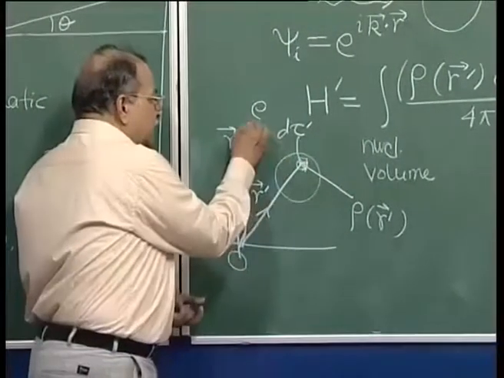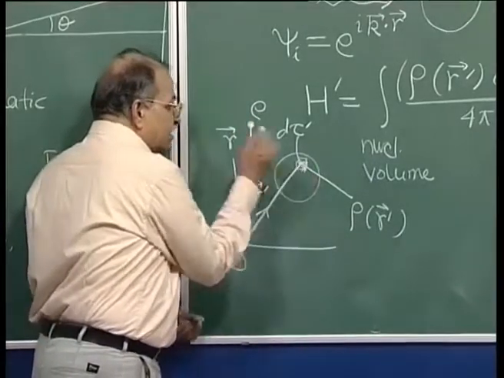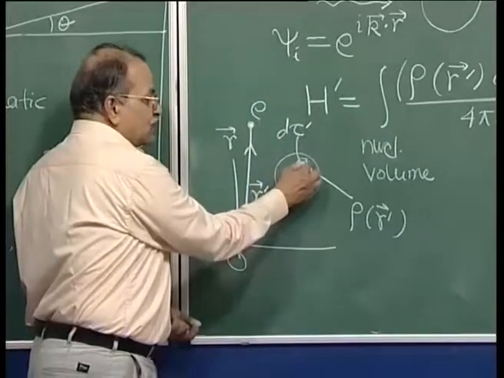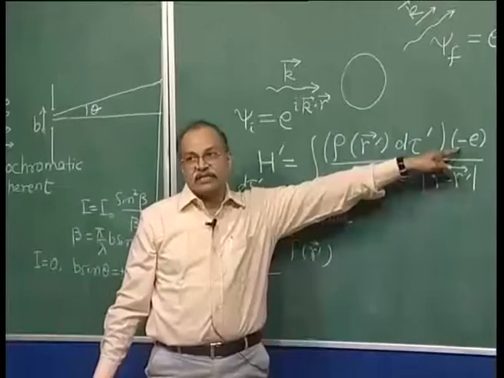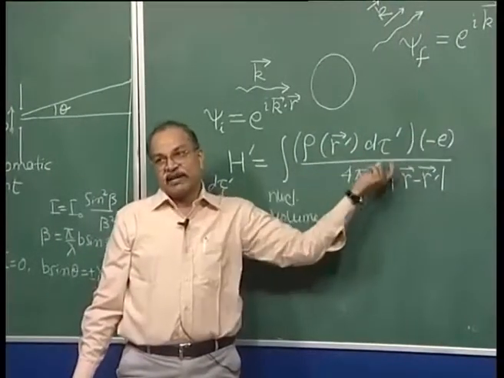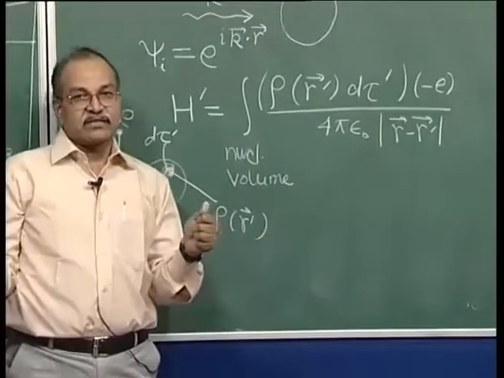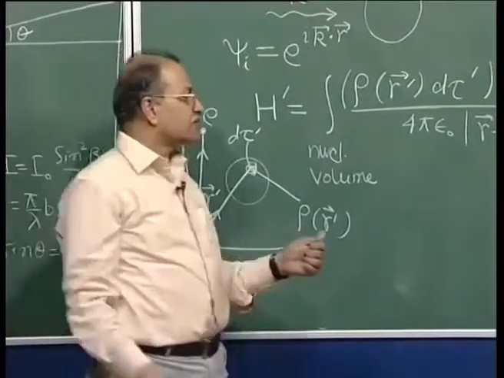So, the Coulomb potential energy of this electron and this charge here. So, you multiply q1 q2. So, this is q1 and this is q2, minus e is the charge on the electron. So, q1 q2 divided by 4 pi epsilon naught separation between the two charges, that is the potential energy of a two charge system.